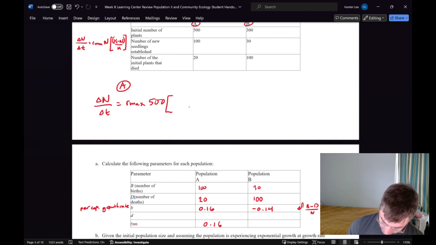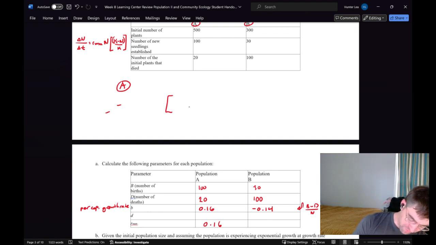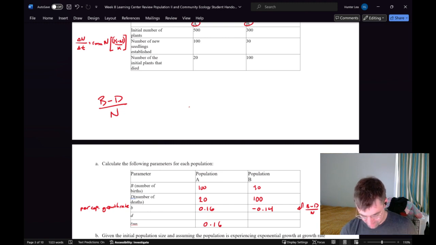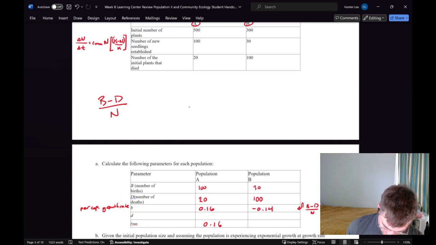Oh, nope, overthinking it again already. I caught myself last time when I did this wrong. So we have births minus deaths over the initial population. 100 minus 20 is 80, divided by 500 is 0.16. And that is our per capita growth rate. It's the same as R max.